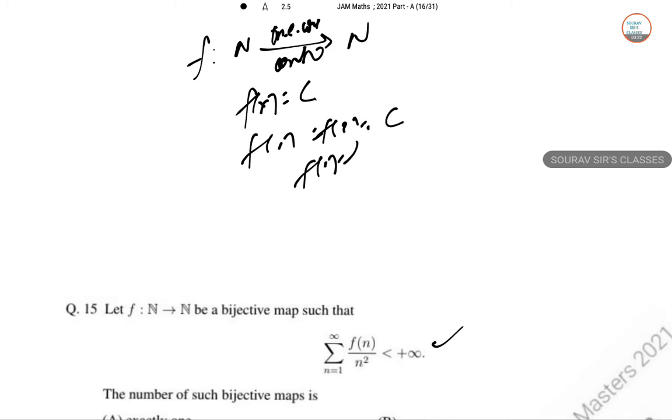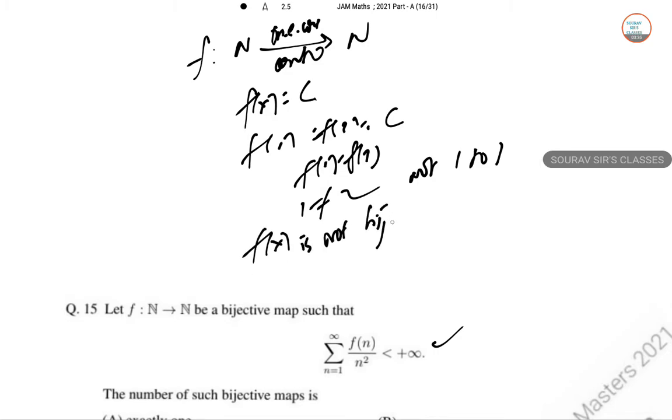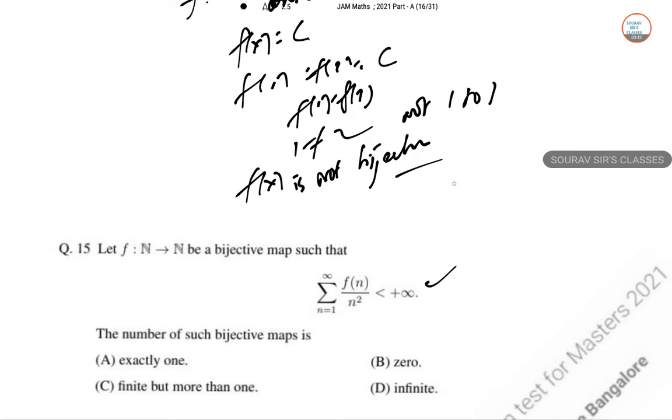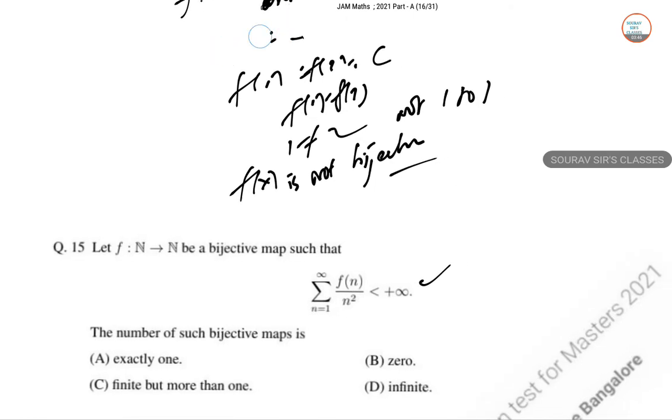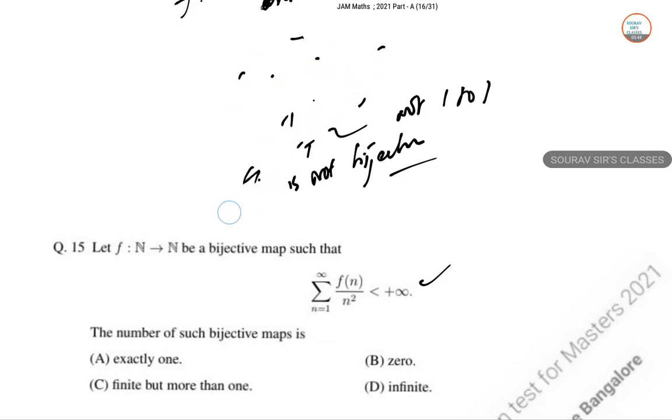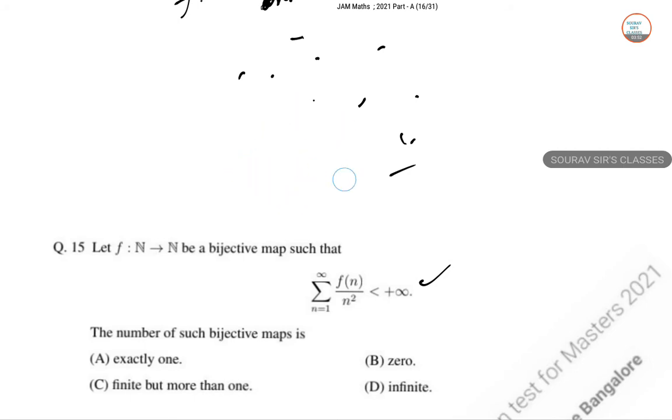So f(1) equals f(2) directly, but 1 is not equal to 2, so it is not one-to-one. So f(x) is not bijective. Now again take f(x) equal to 2x.